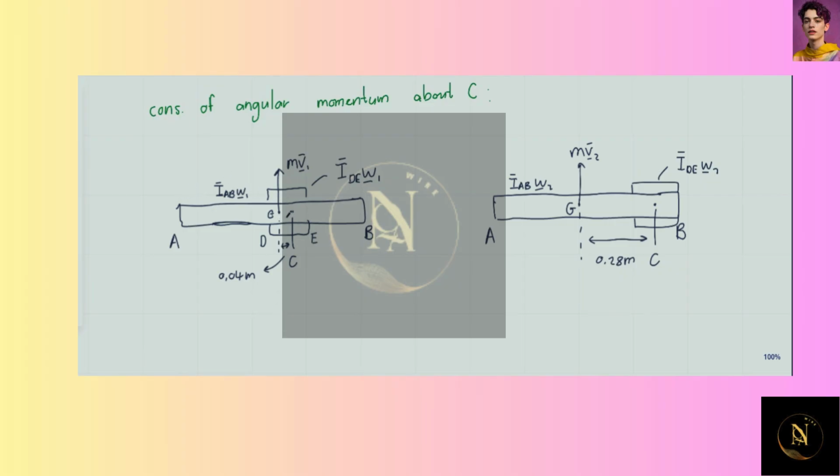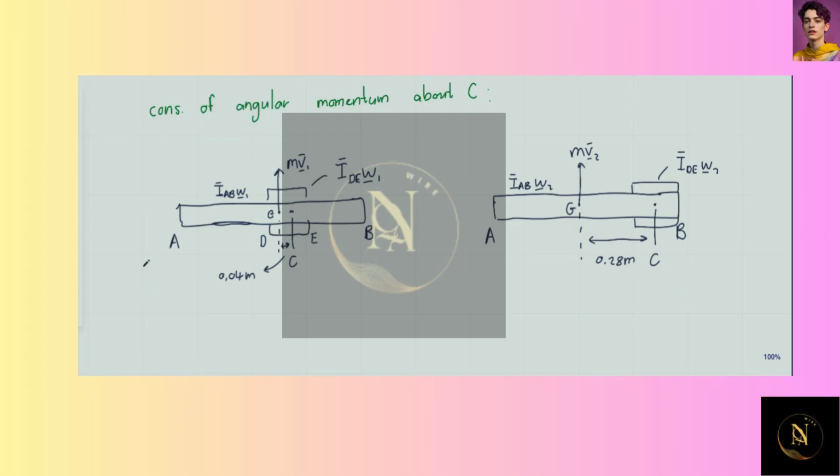The distance between the mass center and point C is 0.04 meters. In the final position, the mass center of the rod has linear momentum m v bar 2. The cylinder has angular momentum I bar DE omega 2, and the rod has angular momentum I bar AB omega 2. The distance between G and C is 0.28 meters.